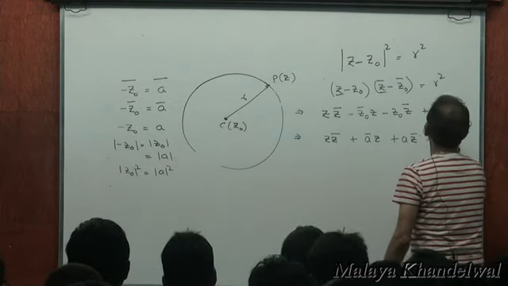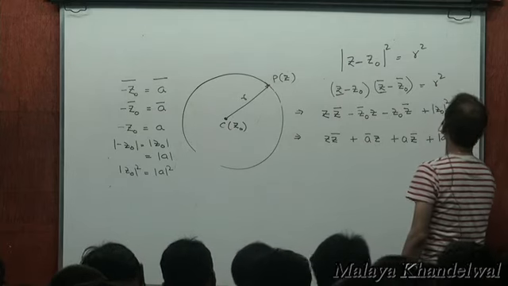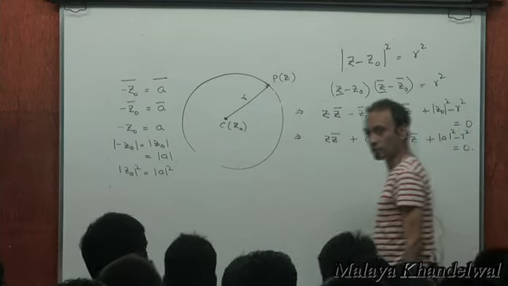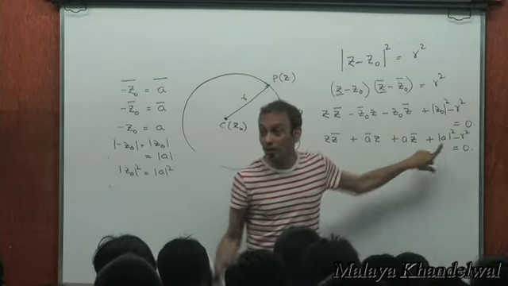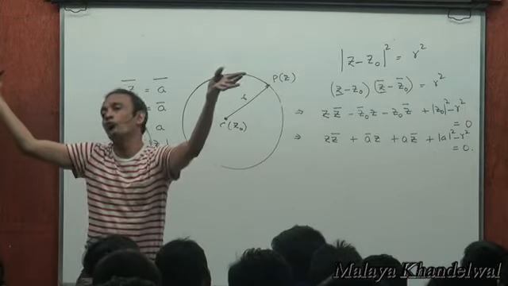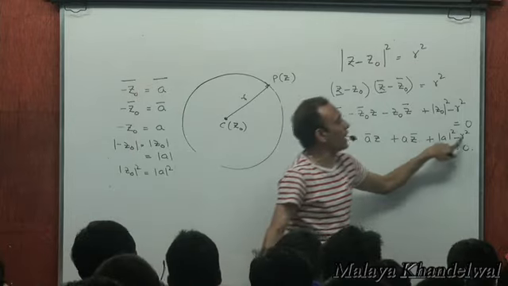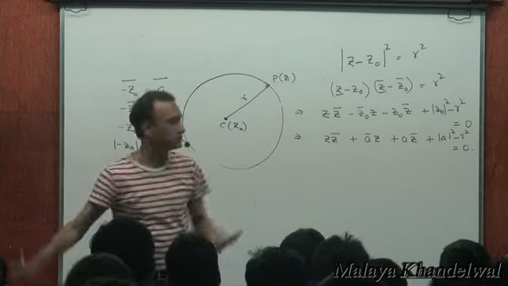So this is like mod a squared minus r squared is 0. Now, a is a complex number, but mod a will always be a real number. Mod of a complex number will always be real. So mod a will be real, r will be real, so mod a squared minus r squared will be a real number.